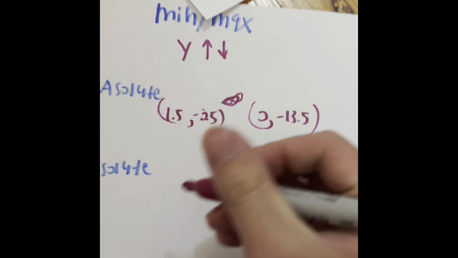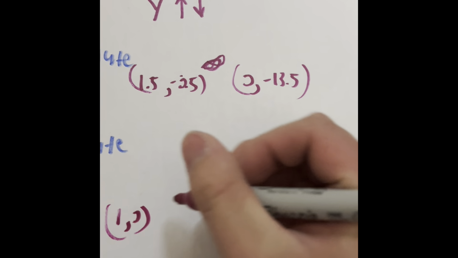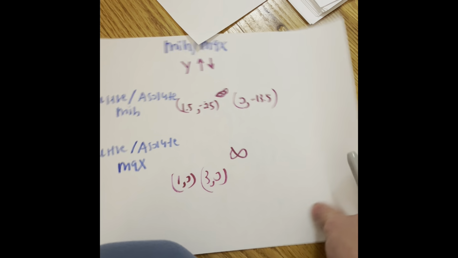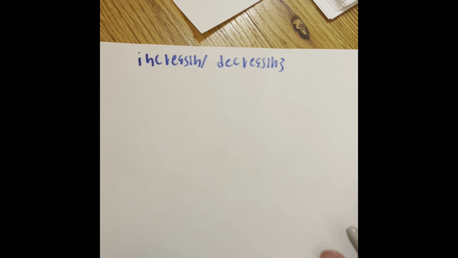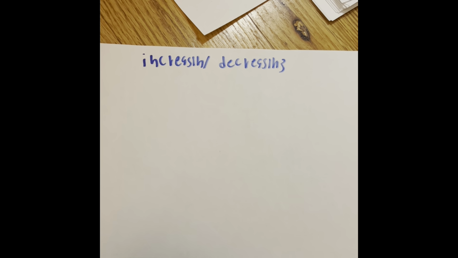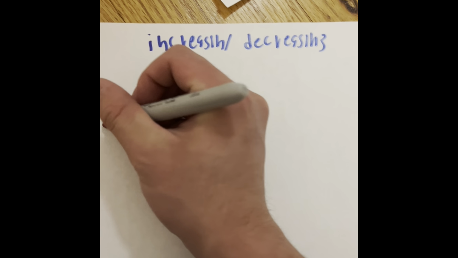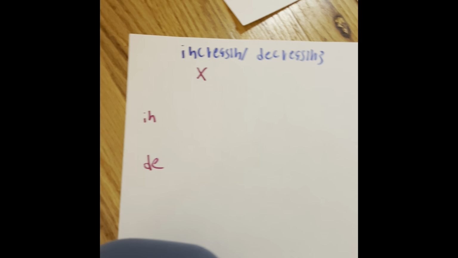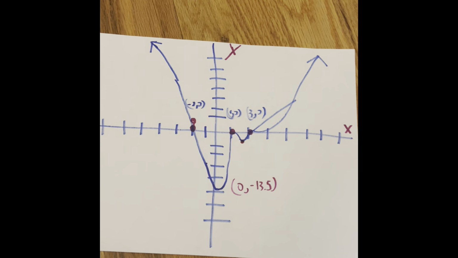So 1, 0, and 3, 0. So that is the min and the max. What about the increasing and decreasing? So this is pretty much the same idea, but instead of the y, we focus on the x. So we have to focus if it's increasing or decreasing, meaning you go from left to right.